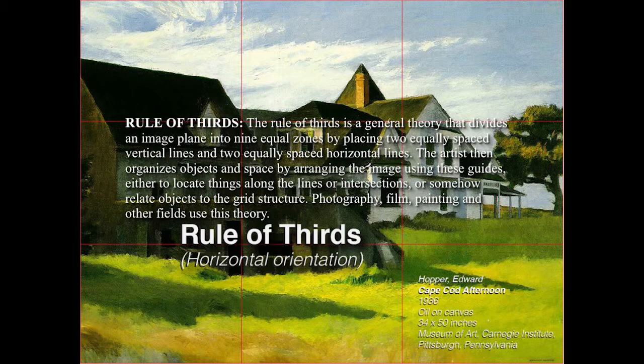And then the artist will organize the objects in space by arranging the image using these guides, either to locate things along the lines or the intersections, or somehow relate the objects to the grid structure.